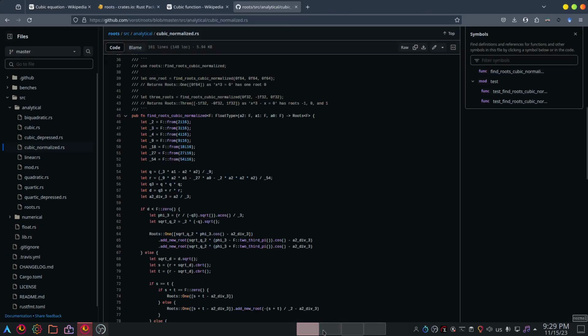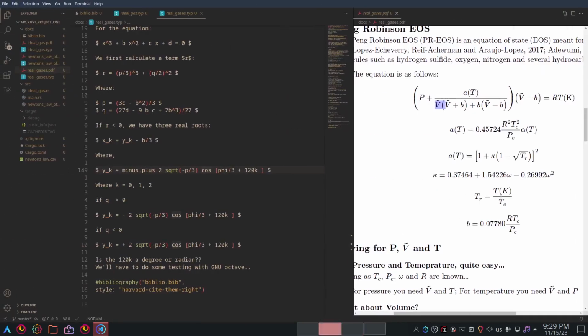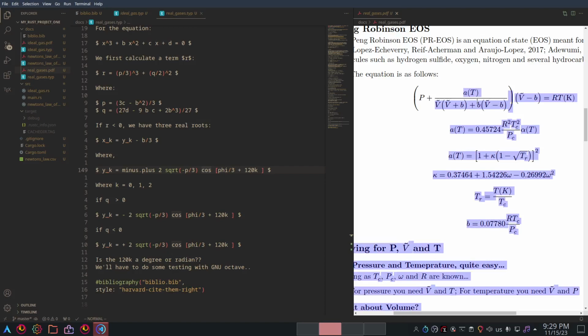Okay, you can see here that there's a temperature term here in the reduced temperature. This reduced temperature is actually part of this A of T term. This T of K here is also a temperature. So we're gonna have a little bit of a problem finding temperature straight away. There'll be a square root term right here.